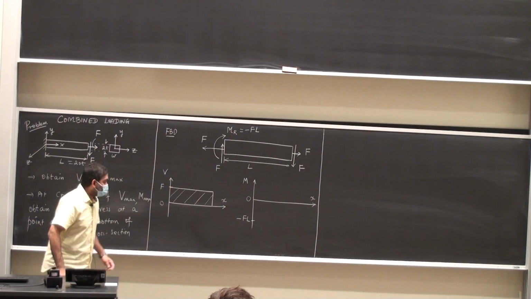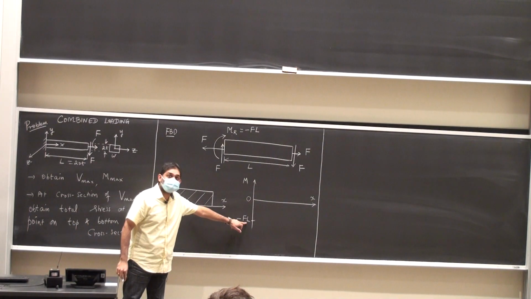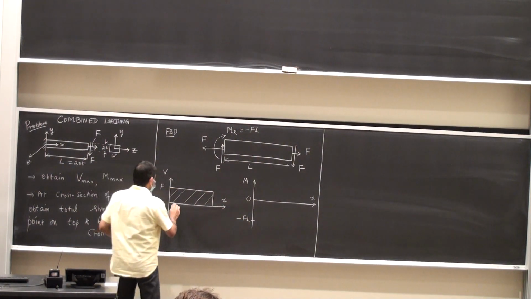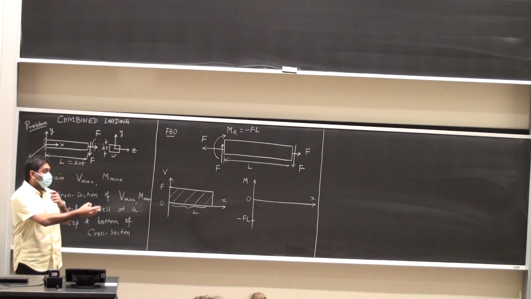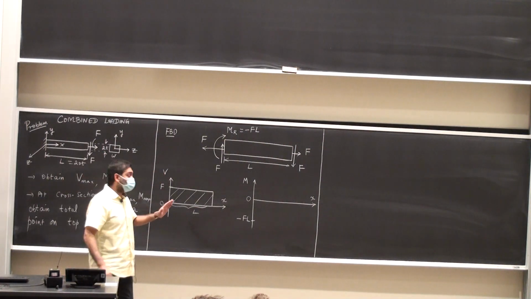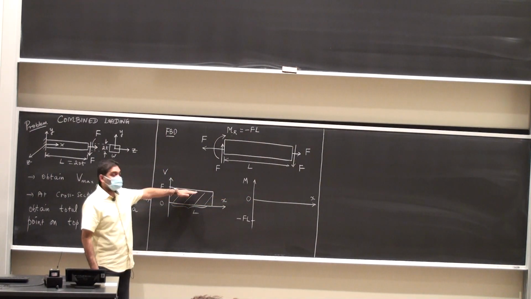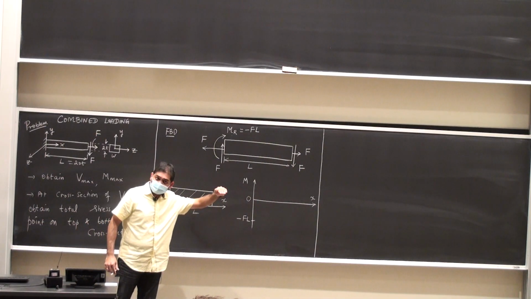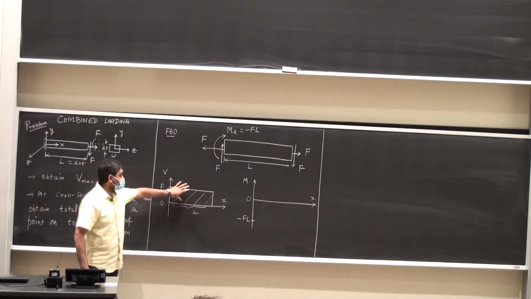Minus F times L. At the end of the beam, I'm going to take this minus F times L and add it with the area under the shear force diagram, where the total length is L. So F times L minus F times L is 0. And how do I go from the beginning to the end? The slope of the bending moment diagram is the shear force value. The shear force value is constant, which means the slope is constant and positive because the shear force value is positive.